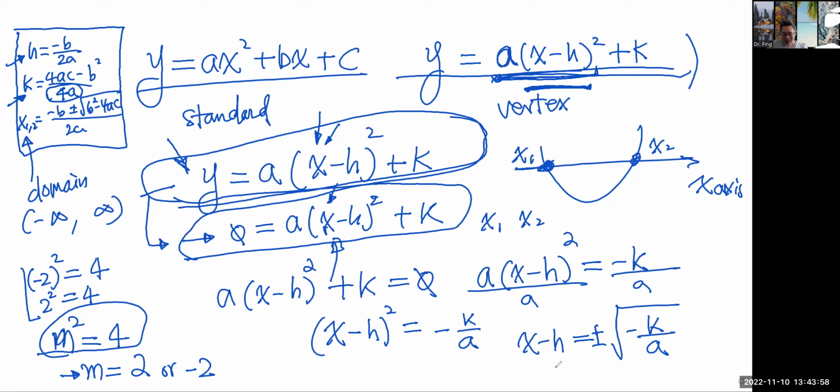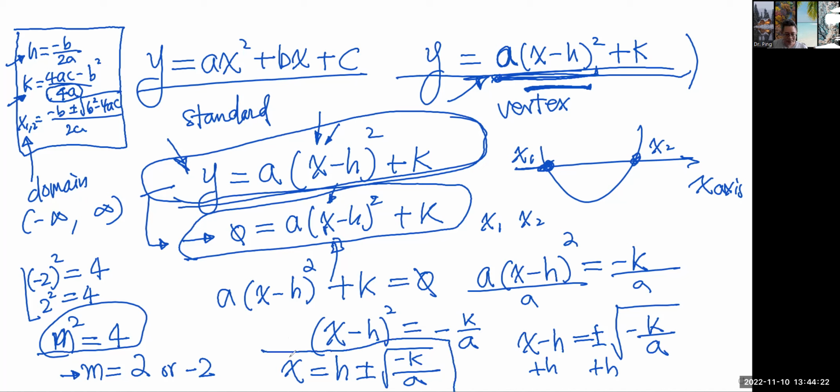Now we got that. Then we're going to add h on both sides, and we get x equals h plus or minus the square root of negative k over a. Now, if the vertex formula is given, then we can just use that formula.